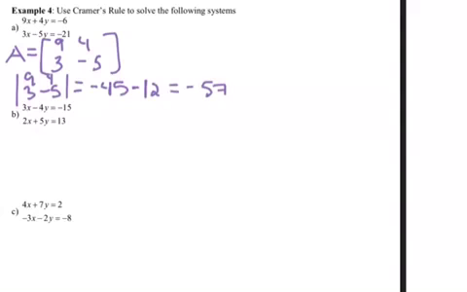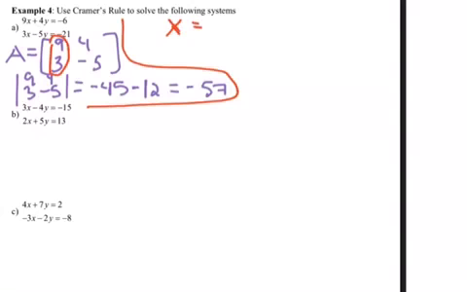Alright, so now I'm going to kind of ignore this for the moment, and I'm going to go over to the side here, and start with finding the x solution. So I'm going to replace the 9 and the 3 with negative 6 and negative 21. So I want the determinant of negative 6 and negative 21, and then I'm going to leave the 4 and the negative 5 alone, whatever that determinant is, divided by negative 57.